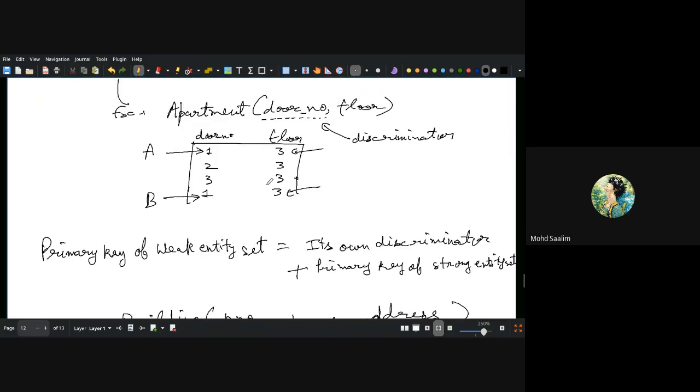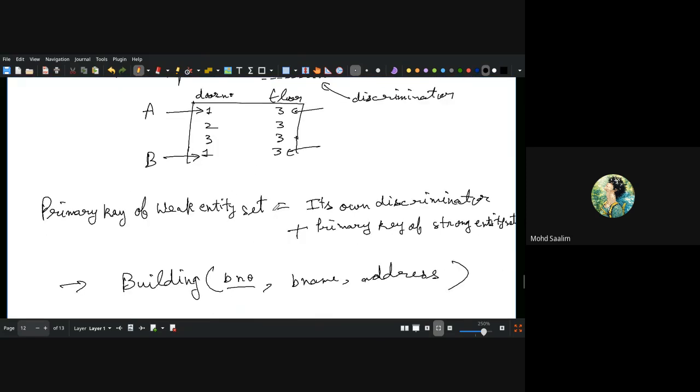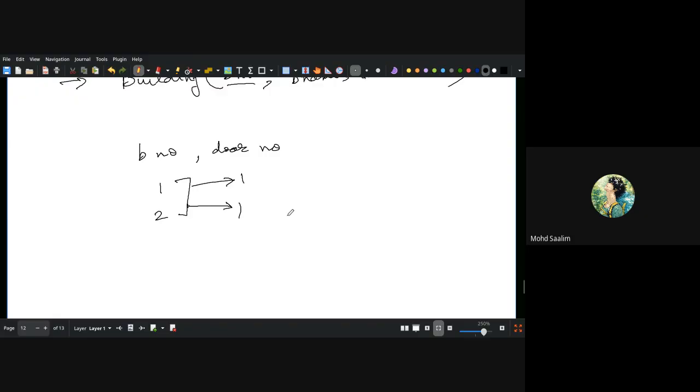This 1 comma 3 and this 1 comma 3 will be considered different because of this building number. In simple words, we are taking the help of a strong entity set to define uniqueness in a weak entity set.